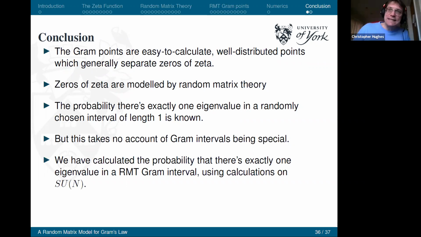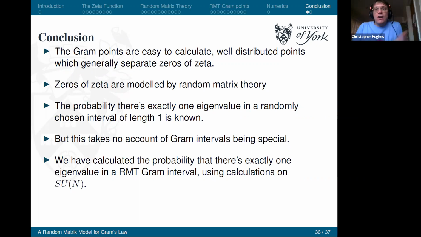So what we did is we created a new, better random matrix model for Gram intervals, which involved developing the theory of random matrix theory on the SU(N) group, which is a much less studied area in random matrix theory, because it's not as nice.